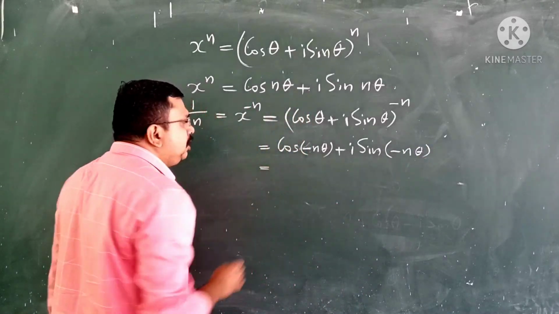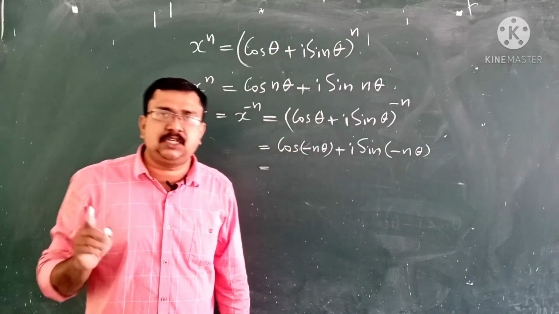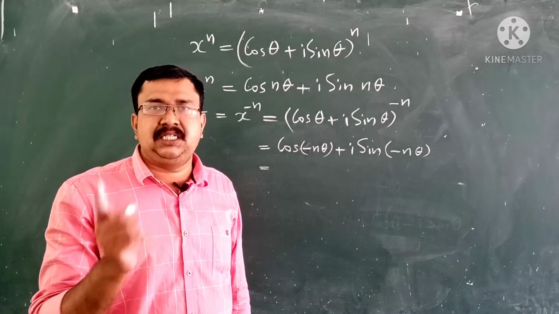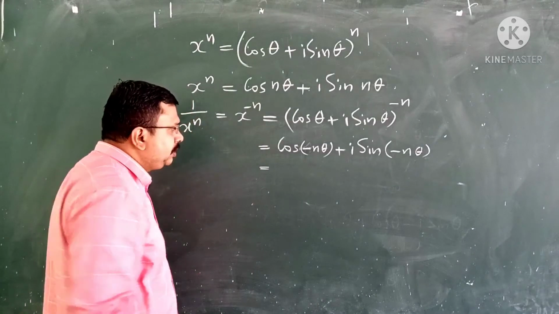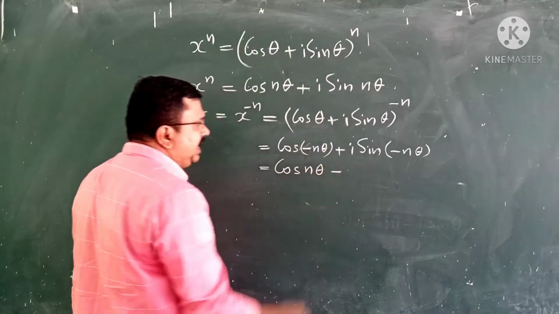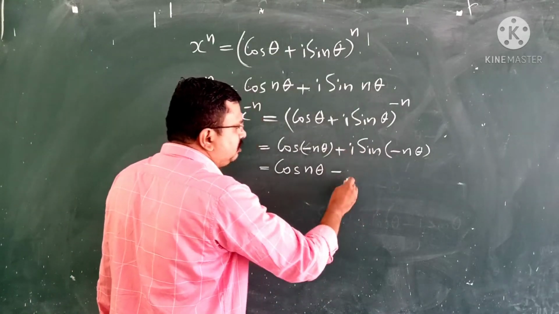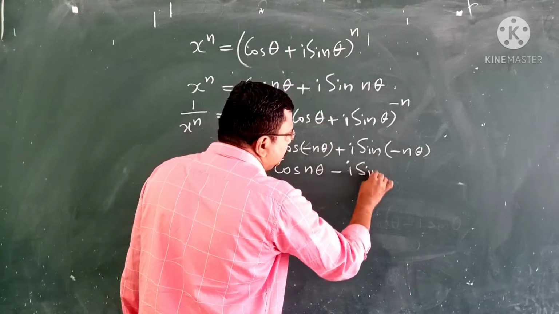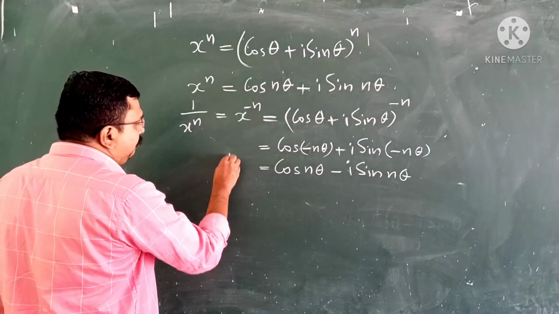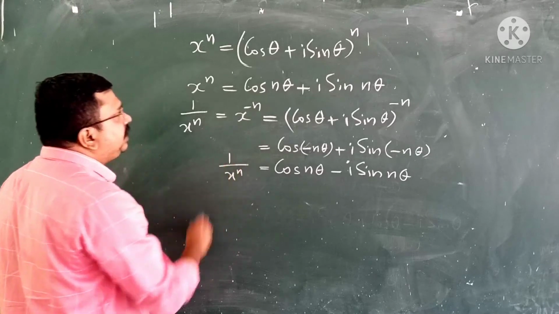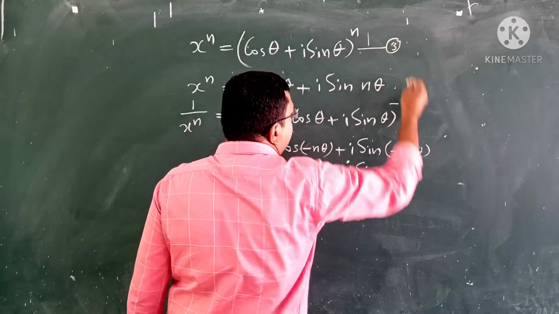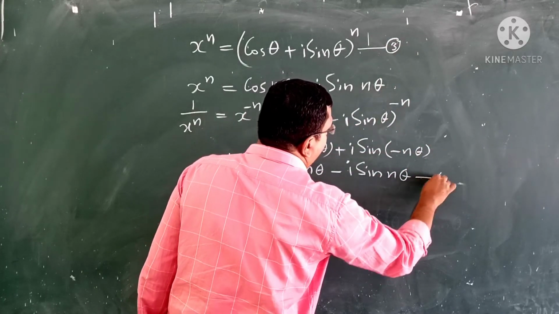But remember that cos of minus theta is cos theta and sin of minus theta is minus sin theta. Therefore, this becomes cos n theta minus i sin n theta. That is our 1 by x raised to n. This is our equation number 3, and this is our equation number 4.